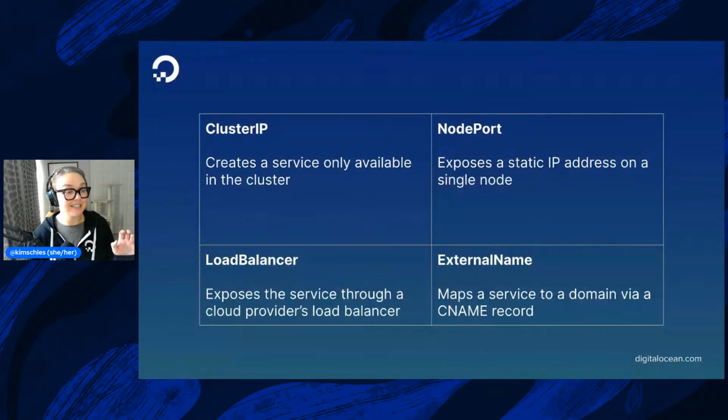And that's how you can get external traffic to access your Kubernetes pods. The other service type that we looked at is ClusterIP. That creates a service that's only available in the cluster. So that's if you have a workload that needs to give data or communicate with other workloads in your cluster, but you don't want people from the outside to access that.